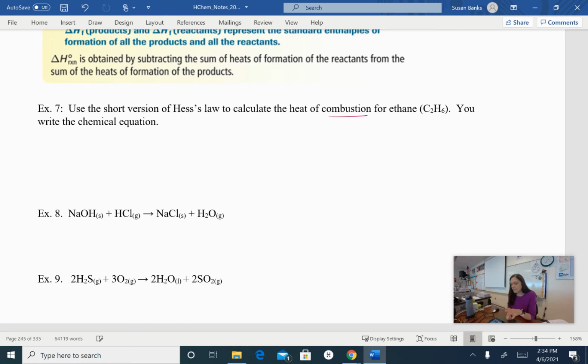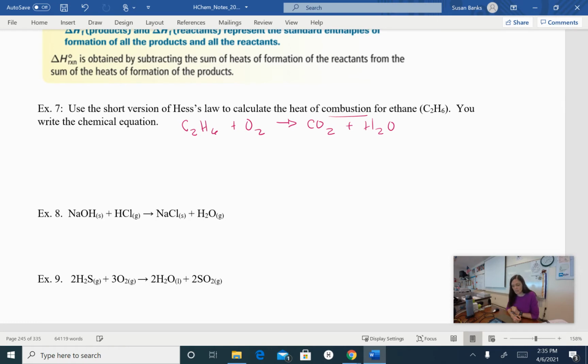We are always combining it with oxygen and creating, do you remember? Carbon dioxide and water. Okay, so we have ethane, C2H6. We're going to combine it with oxygen. And we want to know when we create that carbon dioxide and water, what we're going to get.